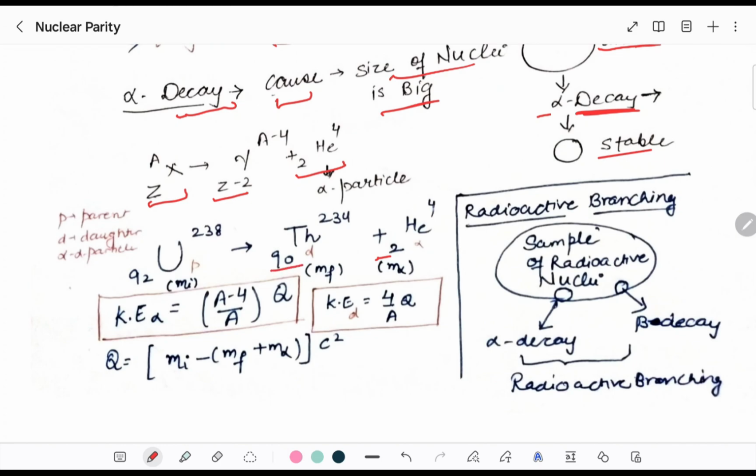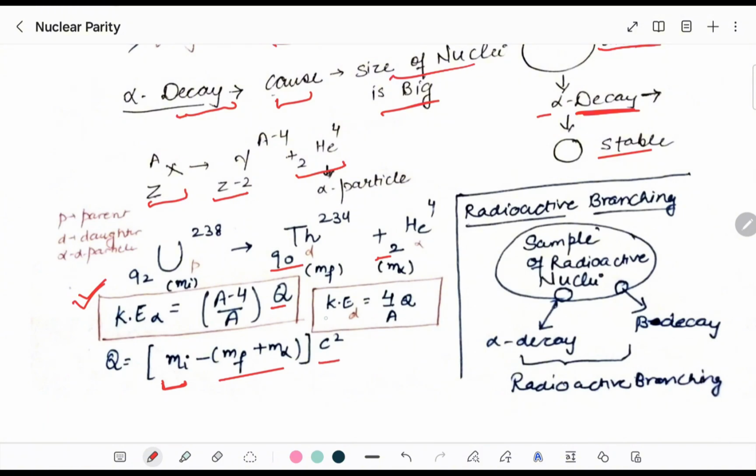To calculate the kinetic energy of the alpha particle, we must remember this formula: (A minus 4)/A into Q. What is Q here? Q is the energy related to the mass of the parent nucleus minus the mass of the daughter nucleus plus the mass of the alpha particle, into c square.